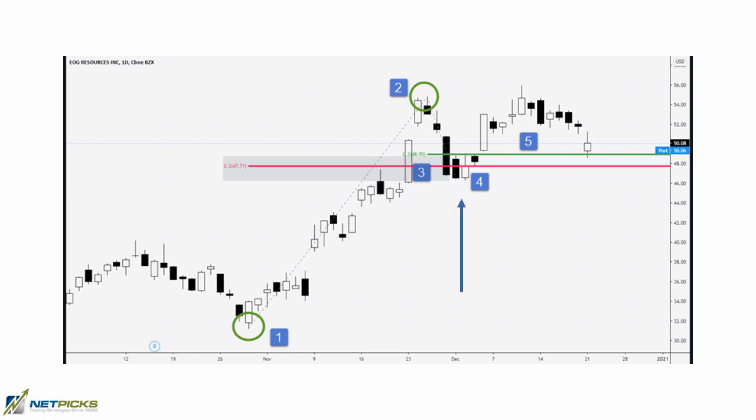And number 4, we don't have an immediate reversal, but we did get a few days of sideways movement, a range, which confirms that the momentum candle at the end was more of an exhaustion than a weakness move. And number 5, we find an objective trade entry by measuring from the high of 2 to the low of 4, which gives us that green line. That's the reverse 30. We could use that price to trigger ourselves into the trade.